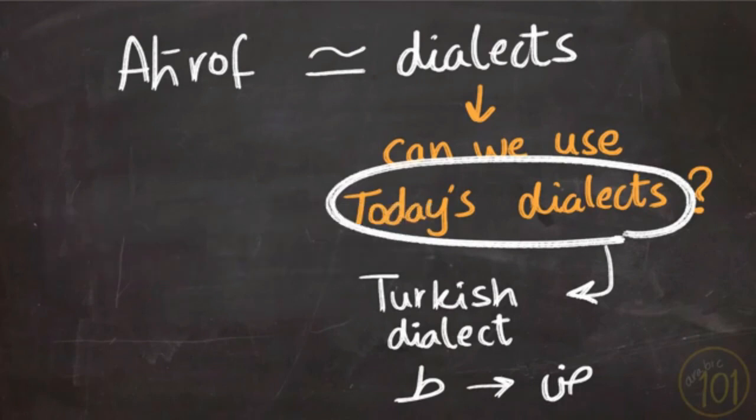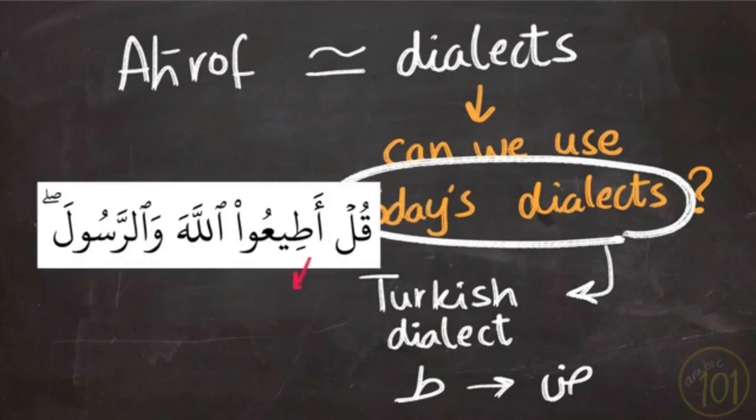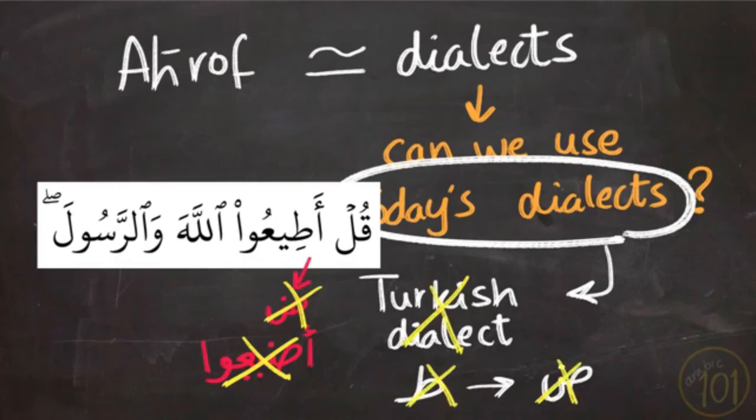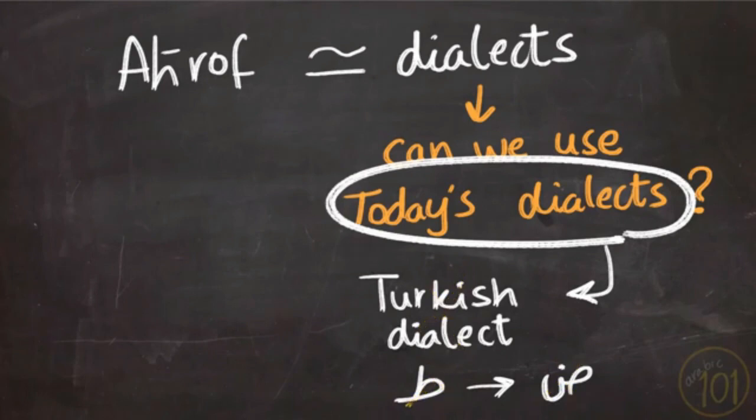But the problem is, if you come across an ayah like this and you would apply this rule to it, you would completely change the meaning of the ayah to a point that is completely unacceptable. قُلْ أَطِيعُوا اللَّهَ وَالرَّسُولَ. And of course, أَطِيعُوا is a completely different word than أَطِيعُوا. So the contemporary variations of the Arabic language nowadays cannot be used to read the Holy Quran.